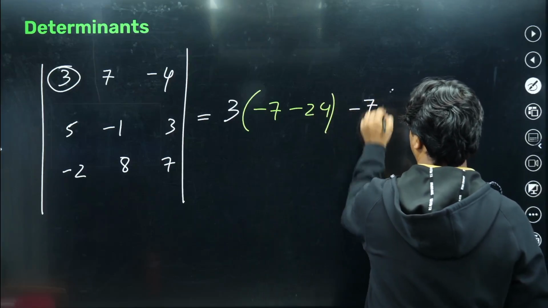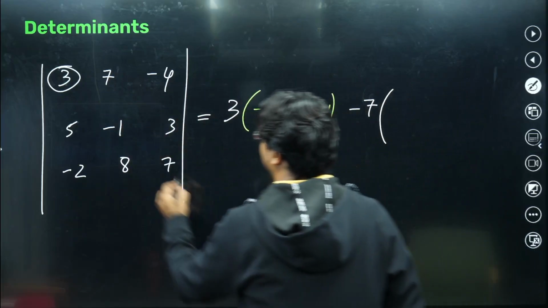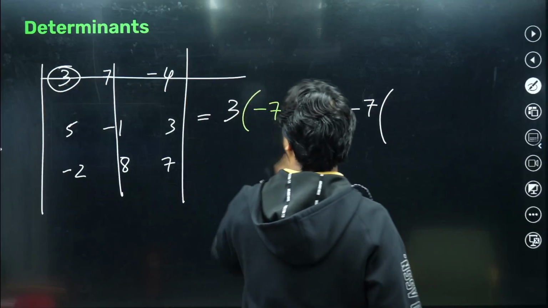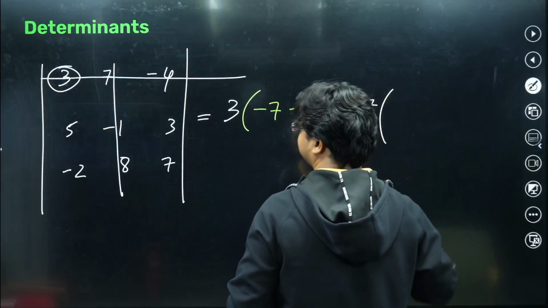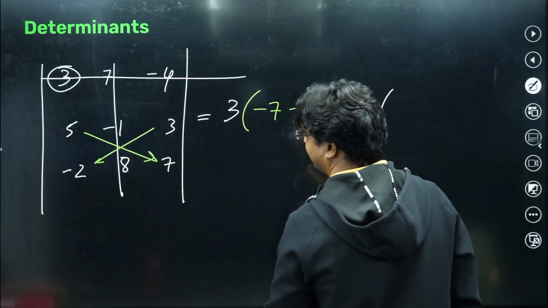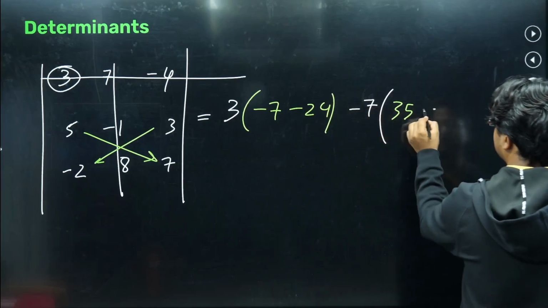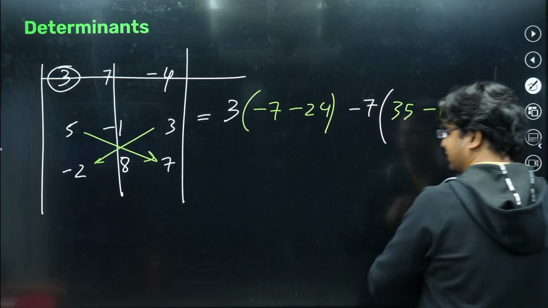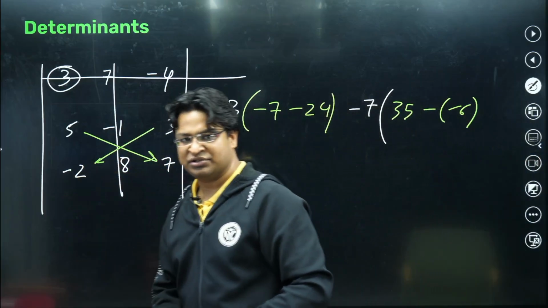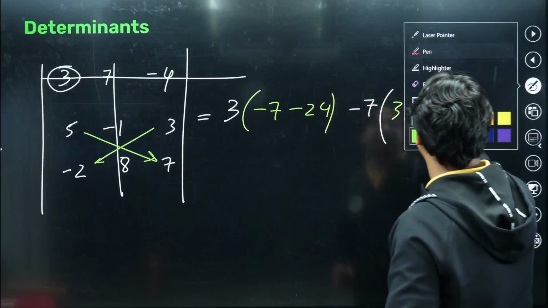So minus 7. It was plus 7, so I made it minus 7. Then I will rule out this, I will rule out this, and now this minus this. So 35 minus 6. Please note this product is minus 6. So 35 minus 6. Okay, and now I'm done with this also.